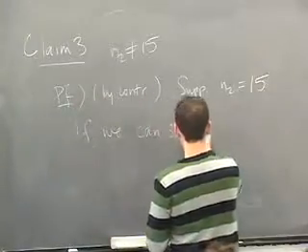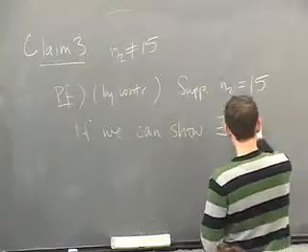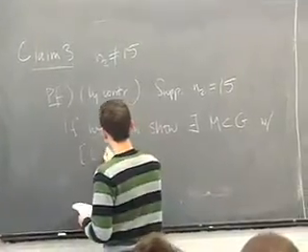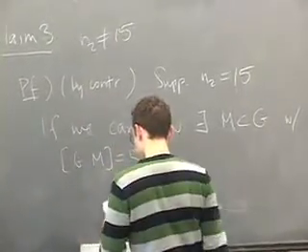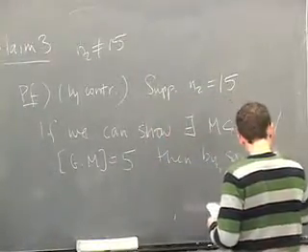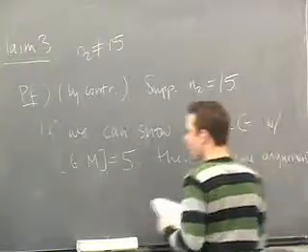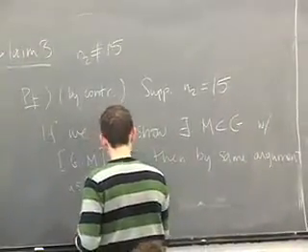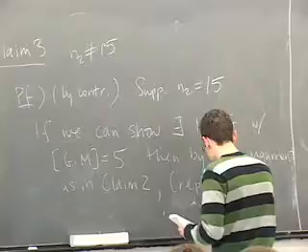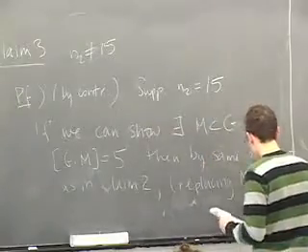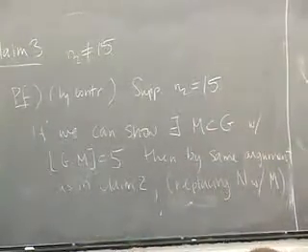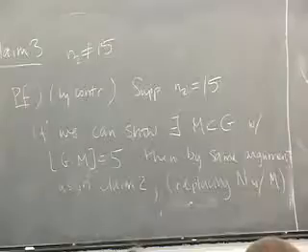If we can show there exists a subgroup M of G with index equal to 5, then by the same argument as in claim 2, in other words replacing N with M, you can show that G must be isomorphic to A5.